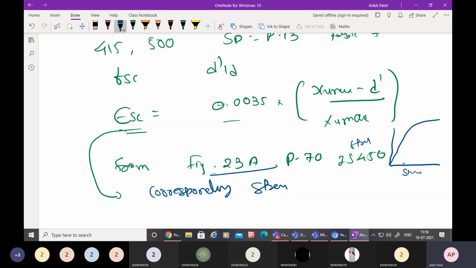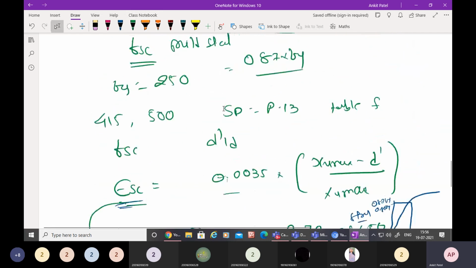From this you can plot and get the value of strain. Over here they have mentioned some values, 0.87 Fy, 0.85 Fy, like this. So you will get the corresponding stress, which could be any value, say for example 0.86 Fy. This way you can calculate the value for this location.